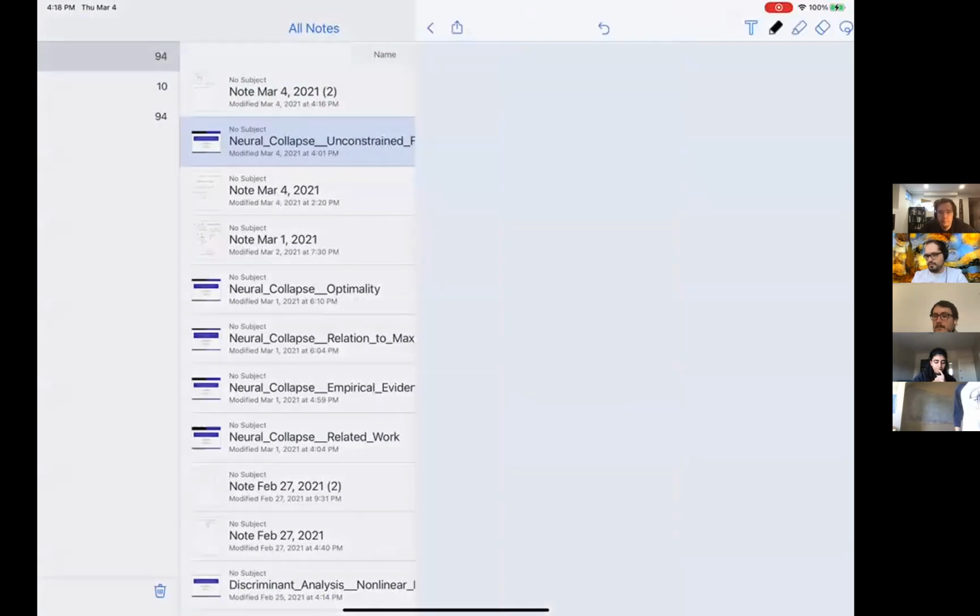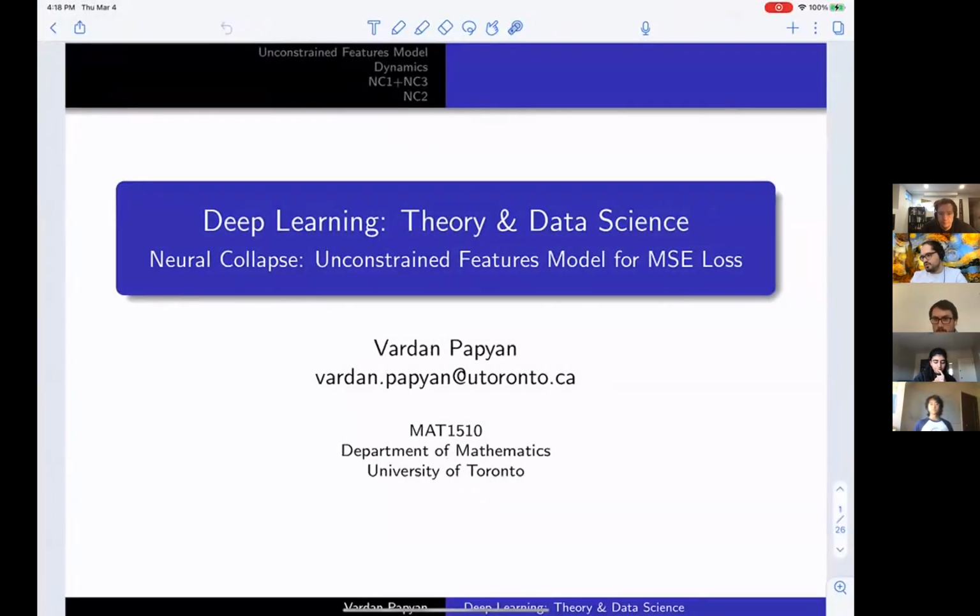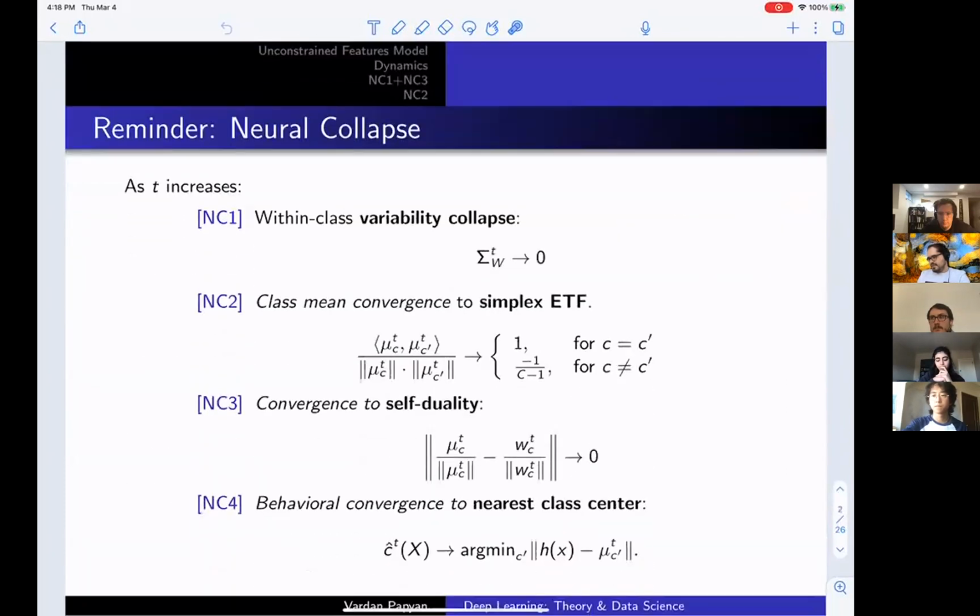Okay, so we move to today's topic. Today we're going to talk about something called the unconstrained features model for the MSE loss and how it leads to neural collapse. This is a reminder of what neural collapse is.